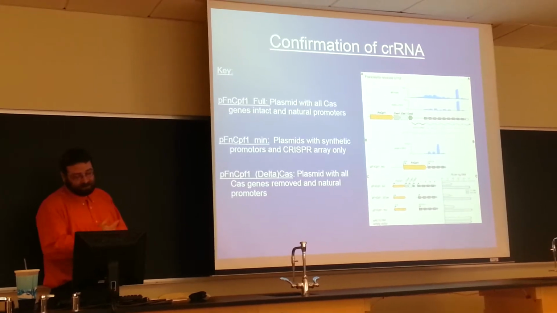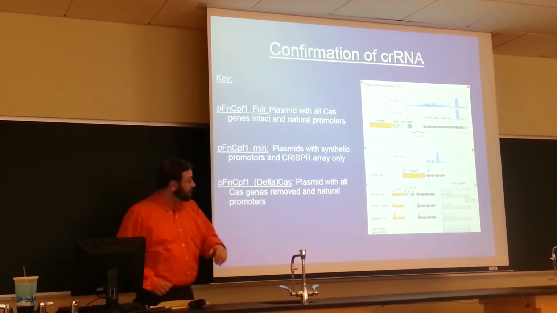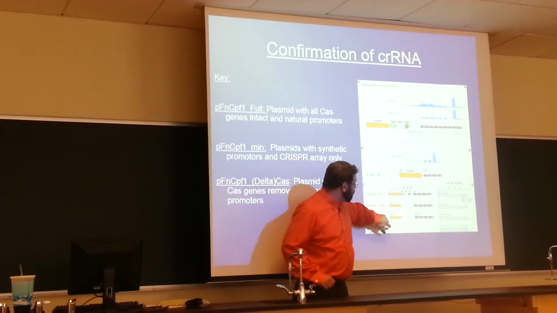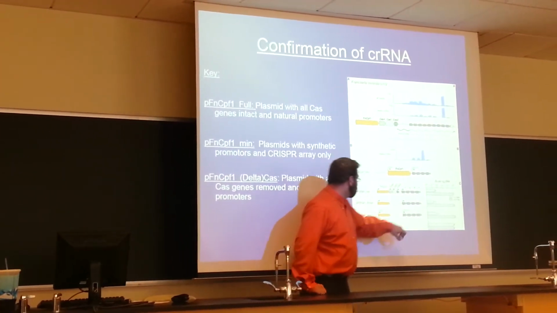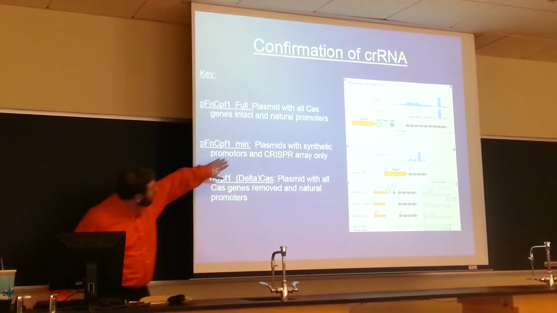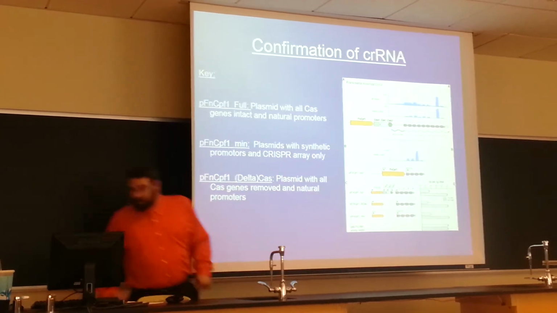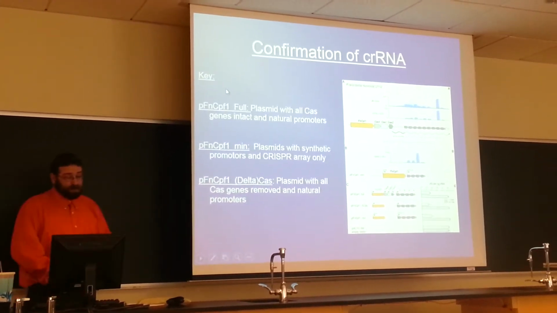We're also going to see that they did this plasmid entry experiment once again, generating these mutants down here, where they've actually knocked out the Cas proteins. They've knocked out some essential stuff. We've got the CPF-1 full right here, which is plasmid with all the Cas genes and natural promoters.